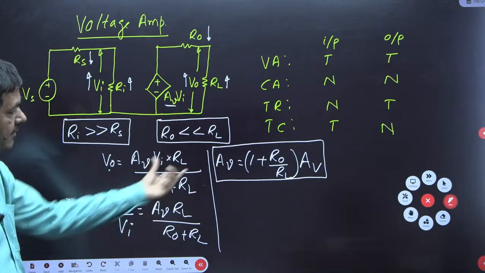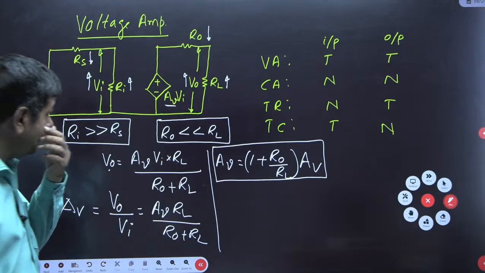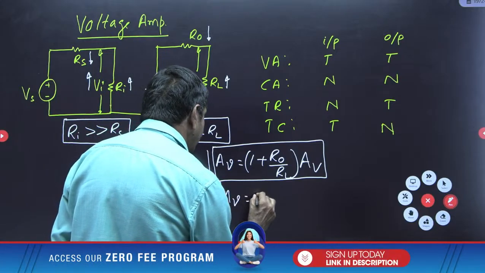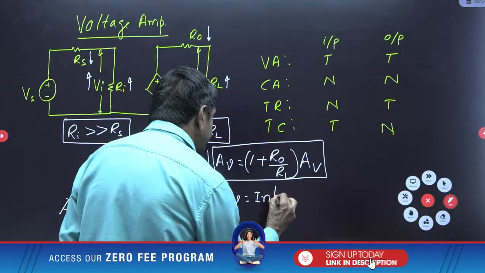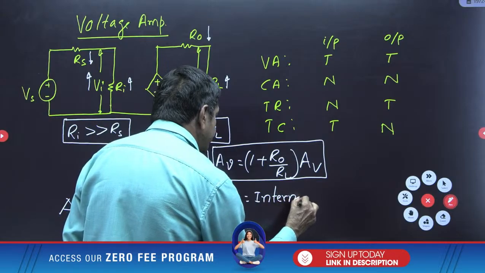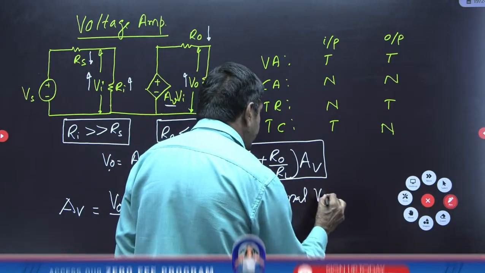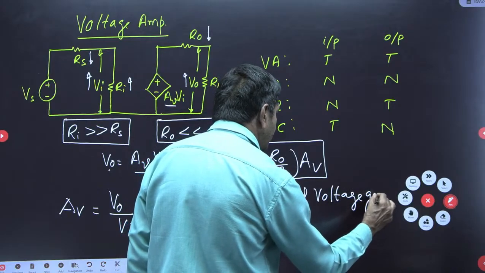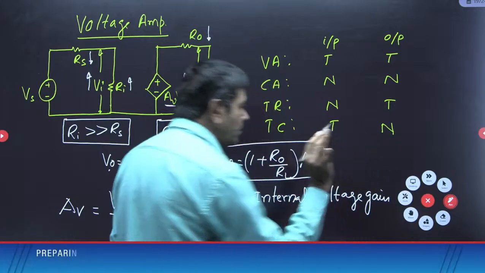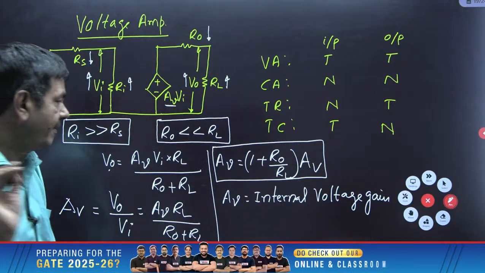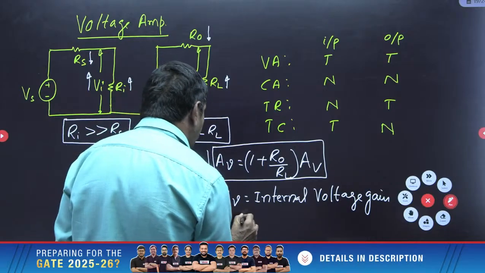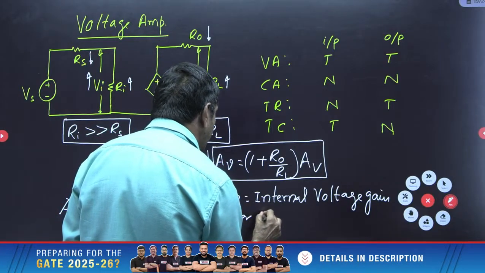Sir, what is A suffix small v? What is A suffix capital V? A suffix small v is called the internal voltage gain. I am going very slow because every student must understand. Or we can call it, because it is internal, the open circuit voltage gain, one more name.